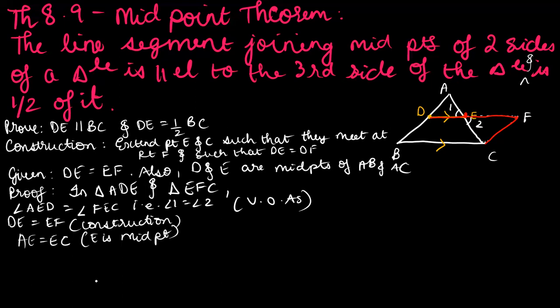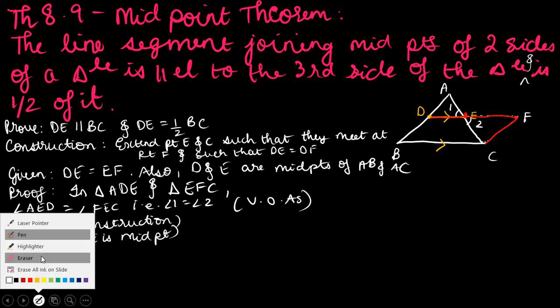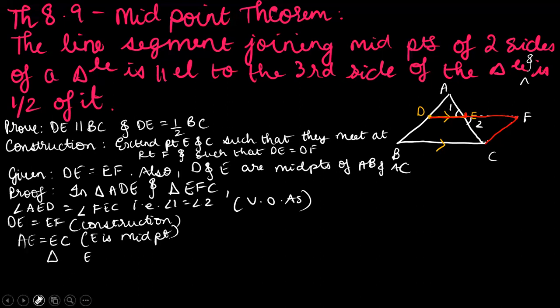So which congruency rule are we using here? We are saying that triangle ADE is congruent to triangle EFC, by the SAS congruency rule. Clear?